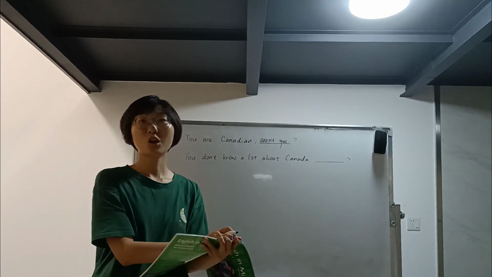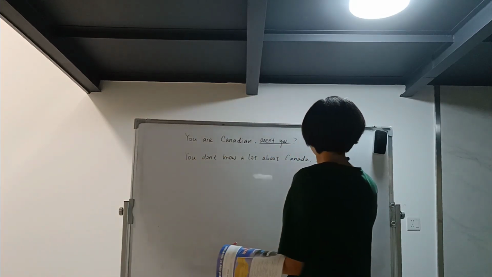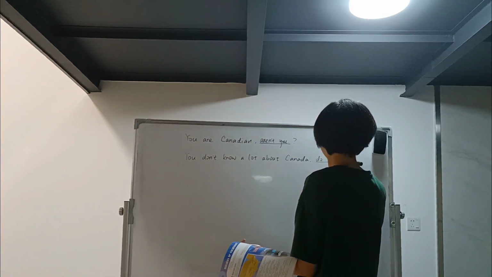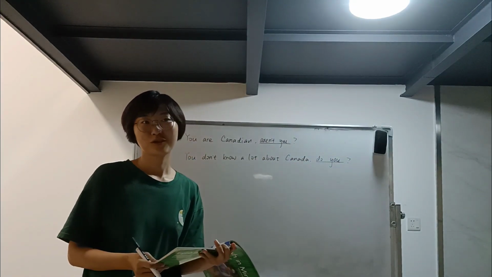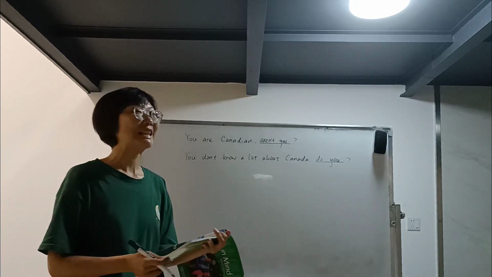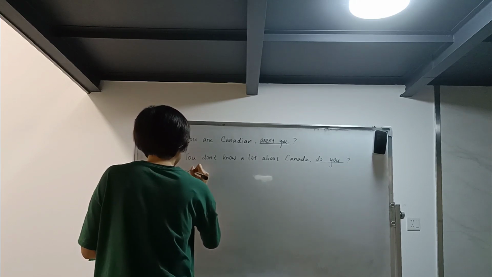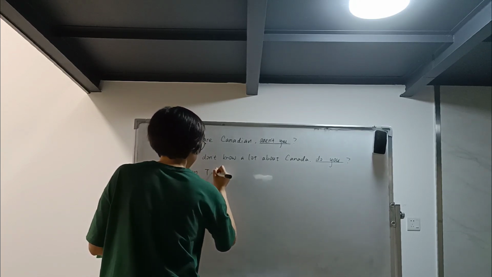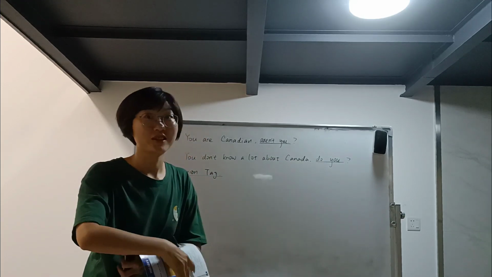You don't know a lot about Canada, do you? Okay, you are Canadian, aren't you? You don't know a lot about Canada, do you? This is called the question tag. So these are question tags.